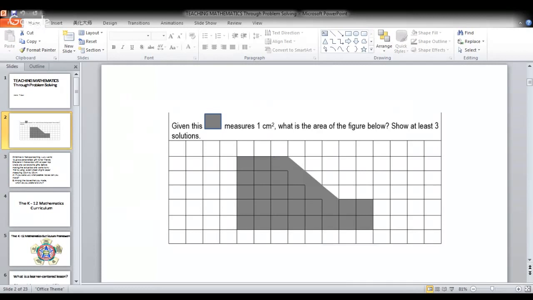And then tell me how many solutions did you use to get the answer of the problem. Anyone who has the measure of the area of the figure shown on your screen?